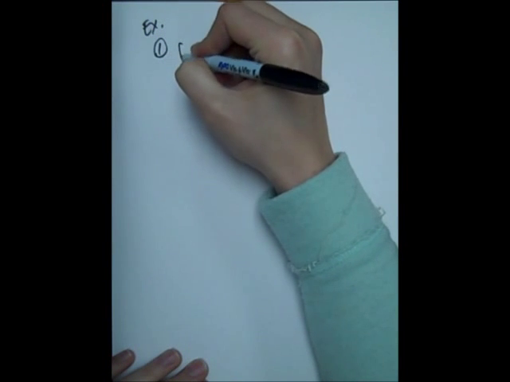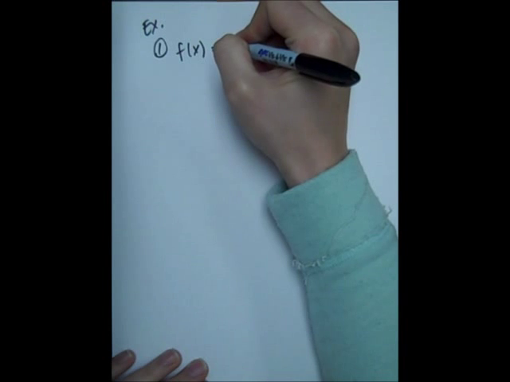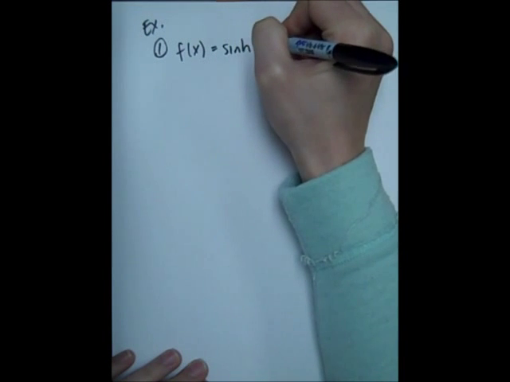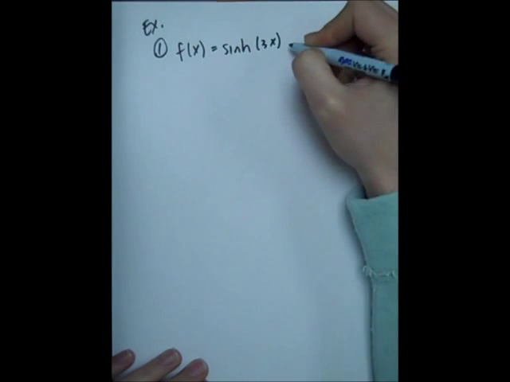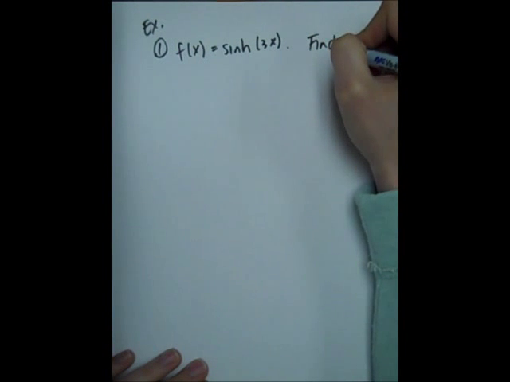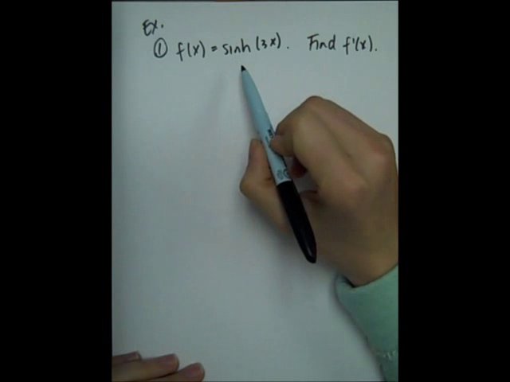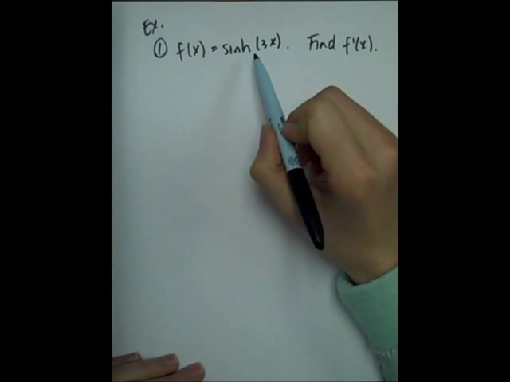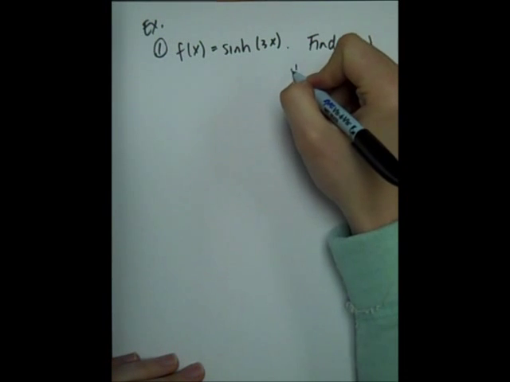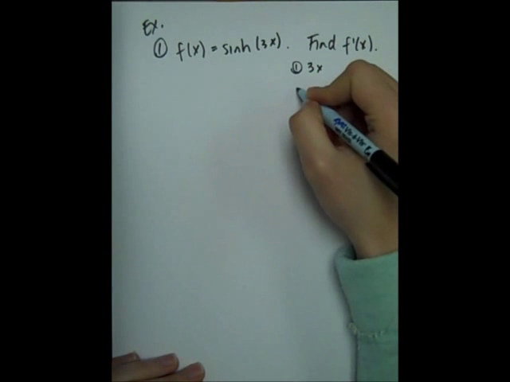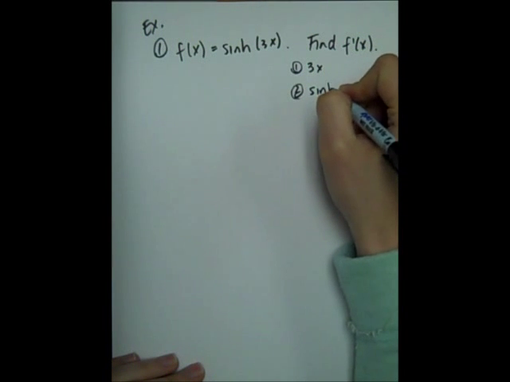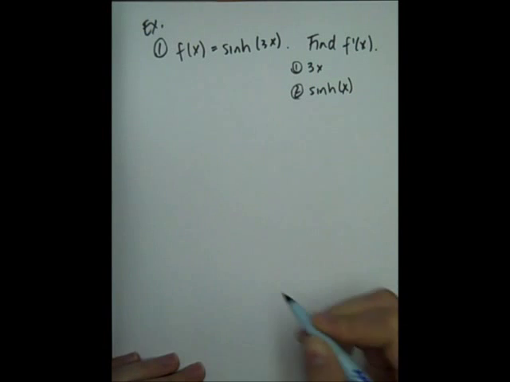First one, let's let f of x be hyperbolic sine of 3x. Let's find f prime. So this is not hyperbolic sine of x, this is hyperbolic sine of 3x, so this is a chain. Inside function 3x, outside function hyperbolic sine of x.